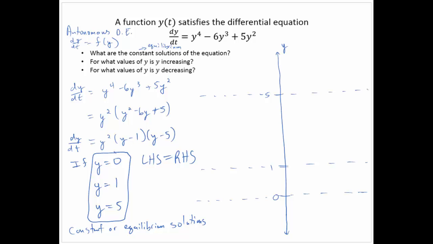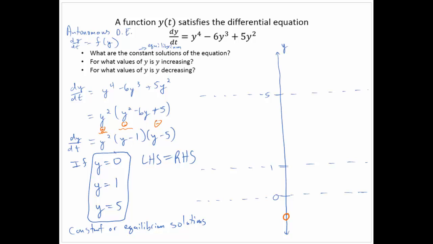But now what happens in all of those other intervals? Well, let's take a test point. What happens if y is negative 1? If y is negative 1, then y squared is positive, y minus 1 is negative, and y minus 5 is negative.